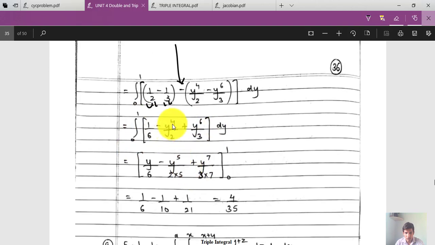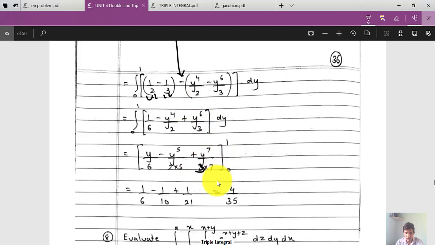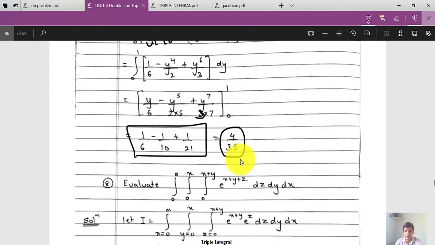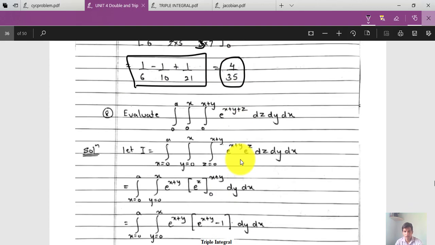On evaluating it, y power 4 gives 1 divided by 6, integration is y, minus y power 4, that is 4 plus 1, which becomes 5, divided by 5, and 3 over here is a constant, so y power 6 becomes y power 7 divided by 7. Therefore, substituting the upper and lower limits, I get my solution as 4 divided by 35.